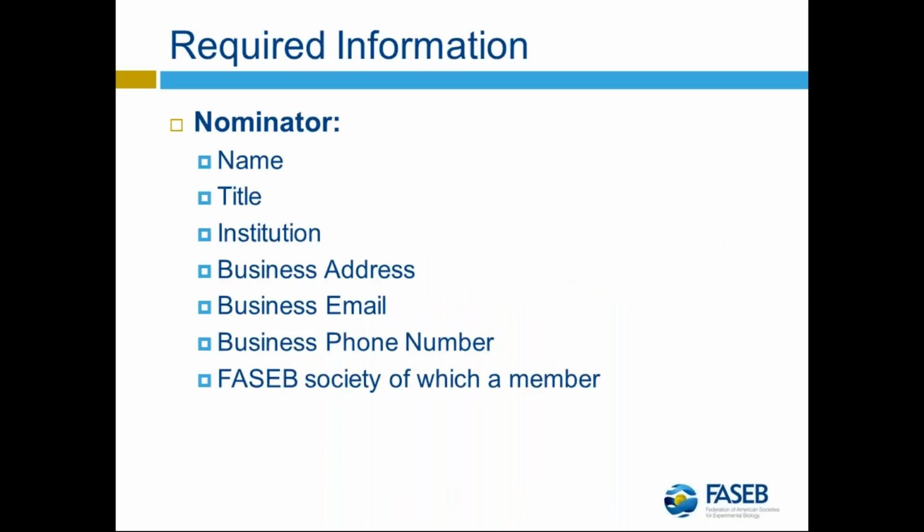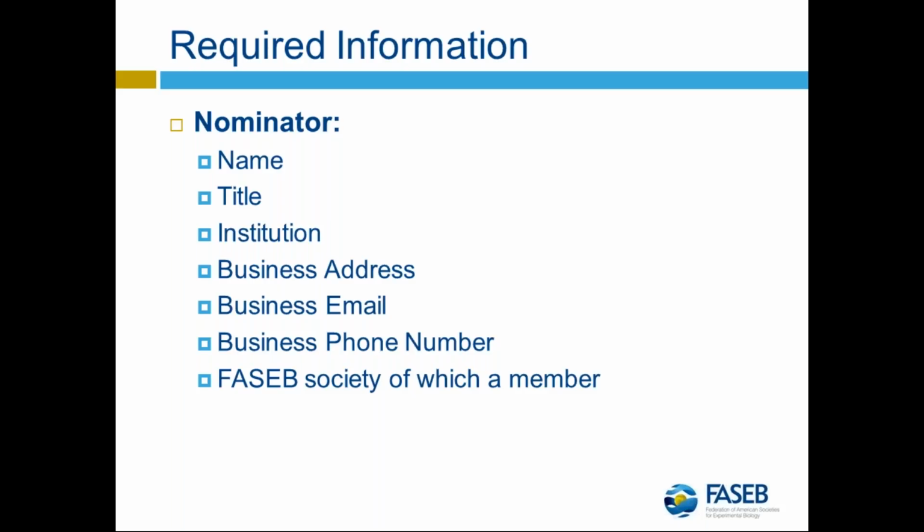And we already went through a little bit when we scrolled through the form, but just to reiterate some of the information that you'll need for the nominator, you'll need the full name, title, institution, business address, business email, business phone number, and most importantly, the FASEB society of which he or she is a member.